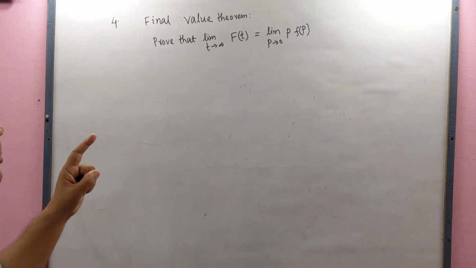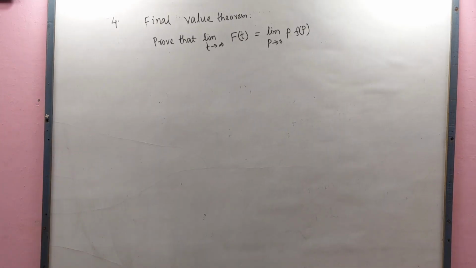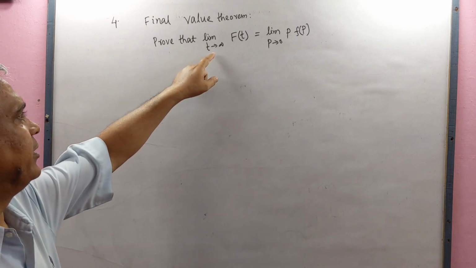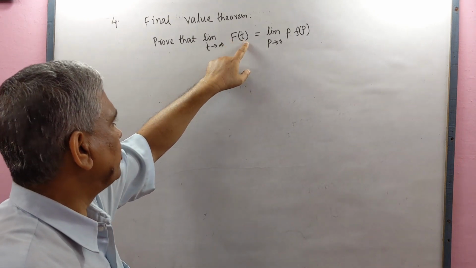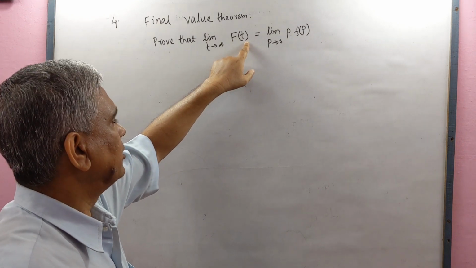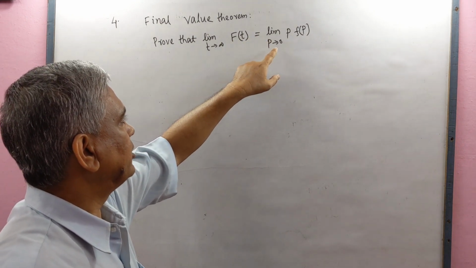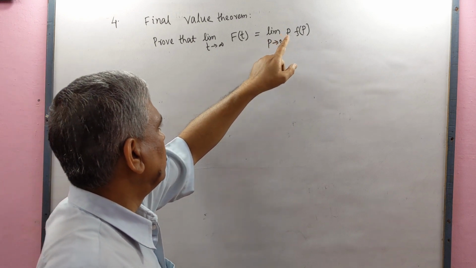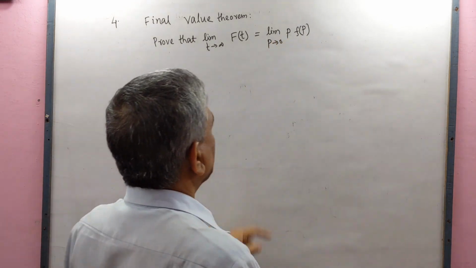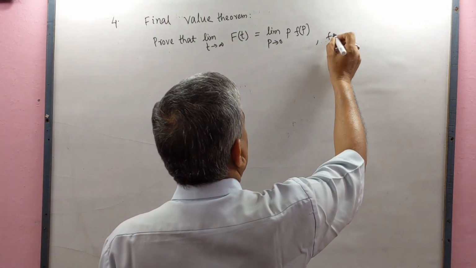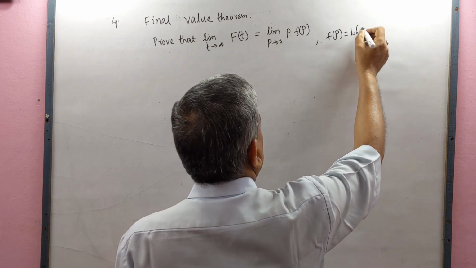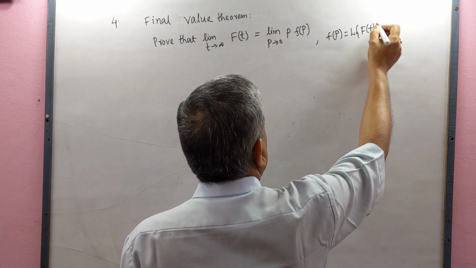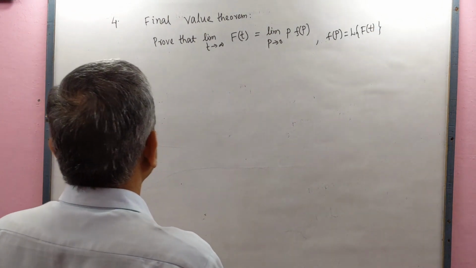Now we shall prove the final value theorem. To prove: limit t tends to infinity of capital F(t) equal to limit p tends to 0 of p f(p), where f(p) equal to the Laplace transformation of capital F(t). Proof.